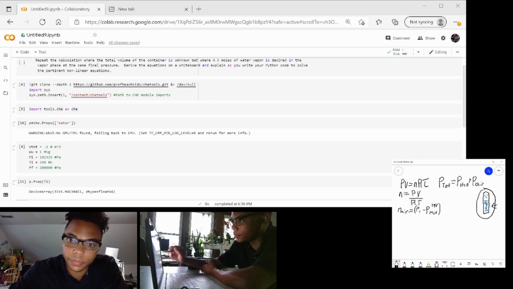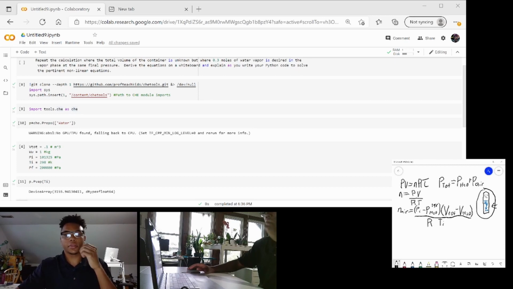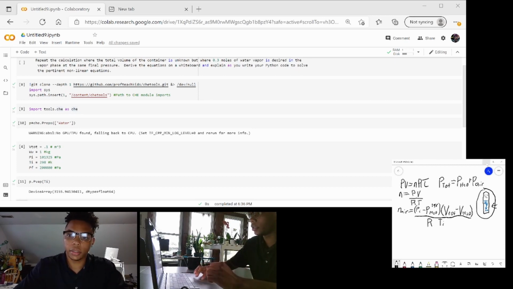So we have our P, and now our V, our volume of air, is equal to our total volume minus our volume of water, divided by our gas constant and our initial temperature. All right. So now that that's out of the way, let's go find our moles of air.